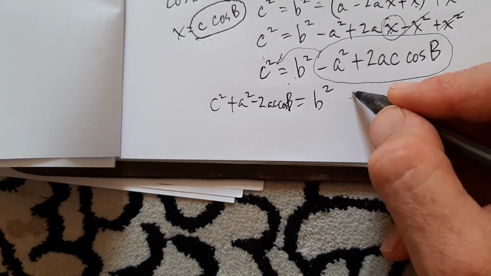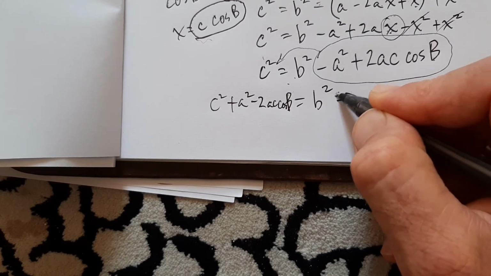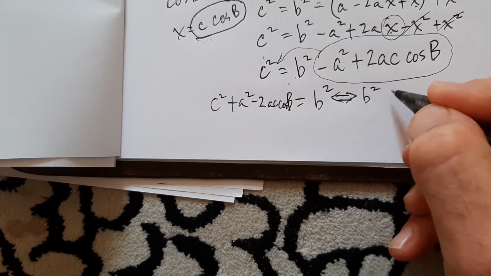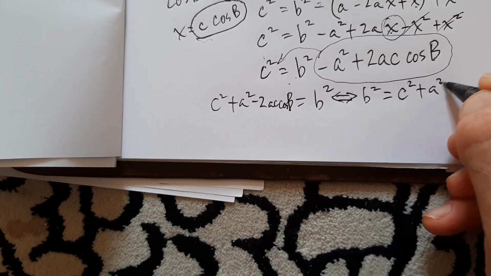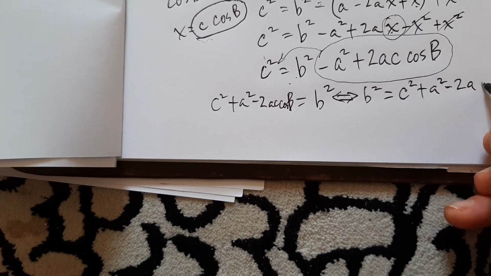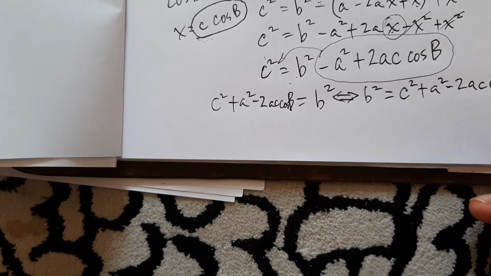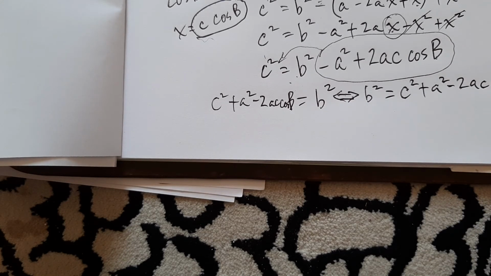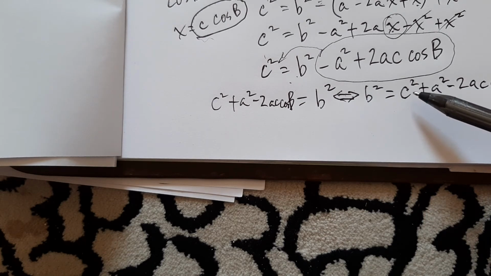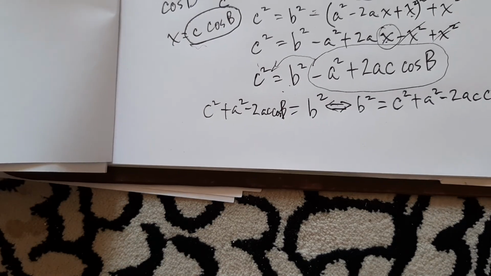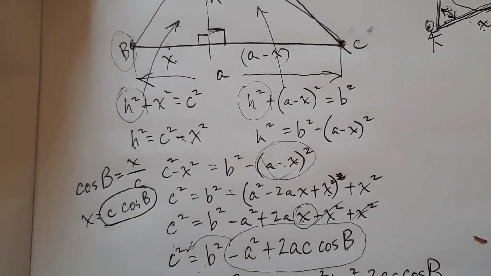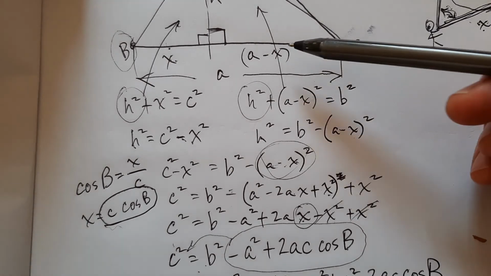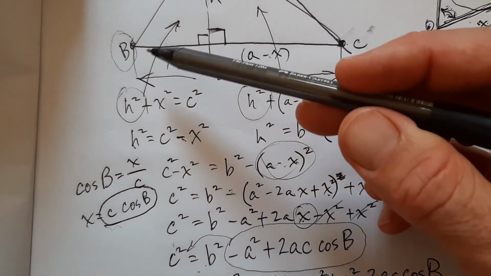So there, do that little thing your book does: b squared equals c squared plus a squared minus 2ac cosine of B. It doesn't look quite right because I put the a minus x over here instead of over here.